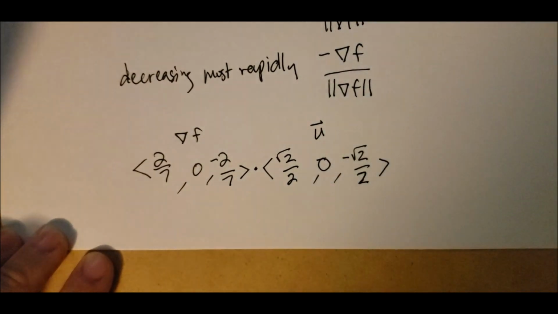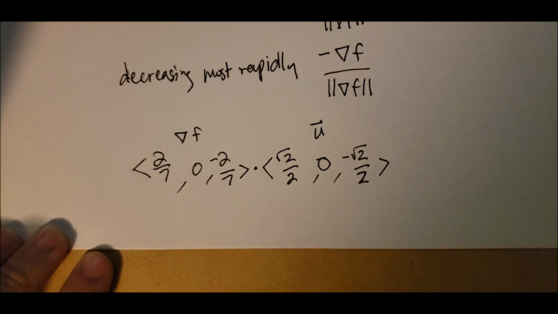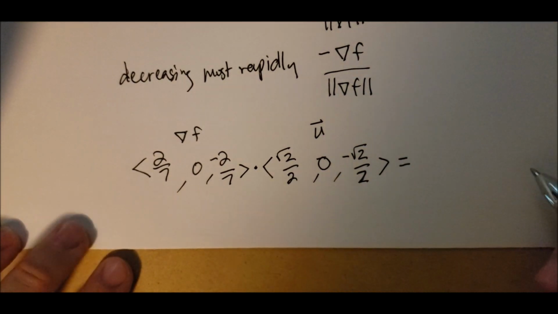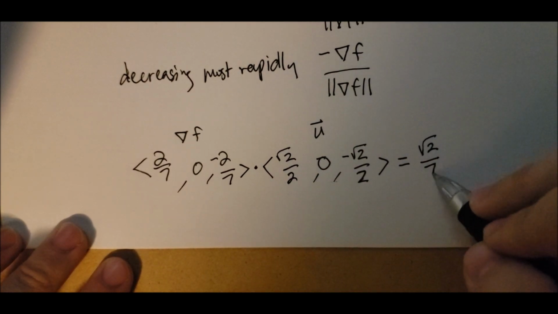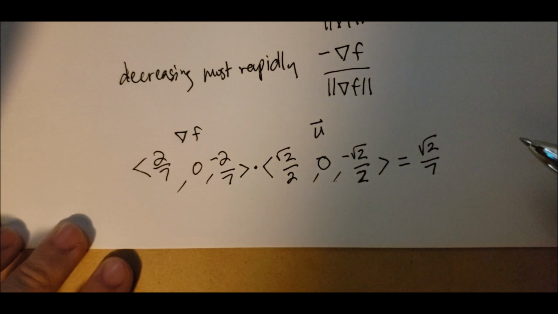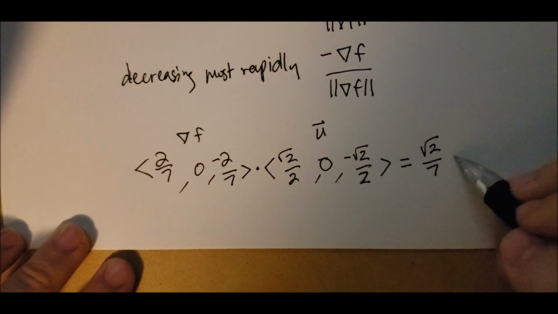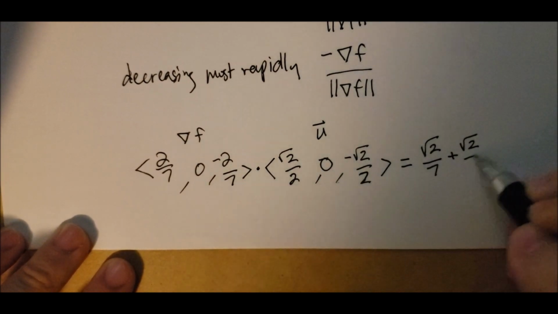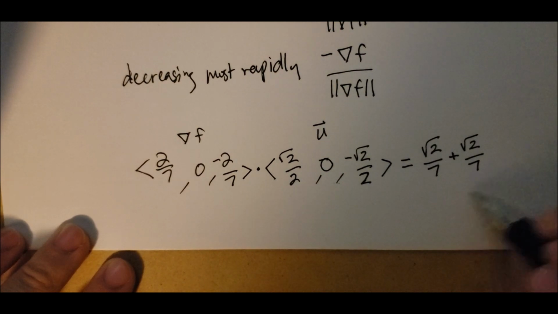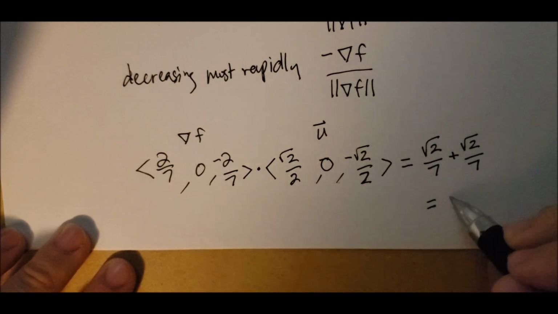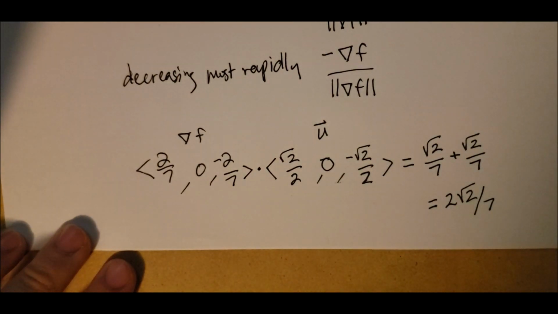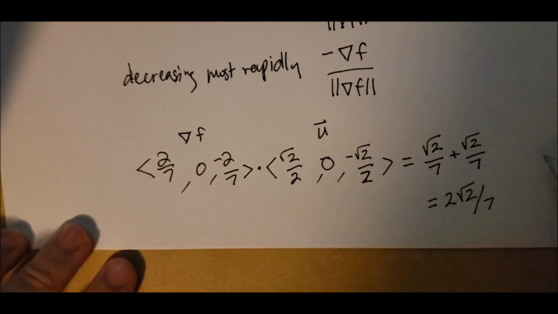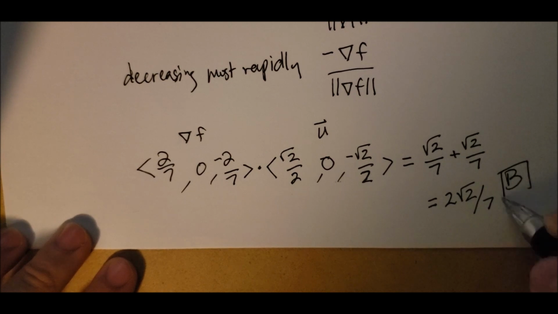And that was the unit vector. And that is B.